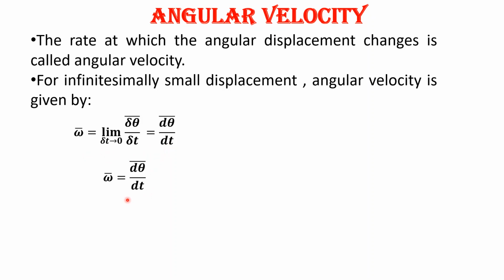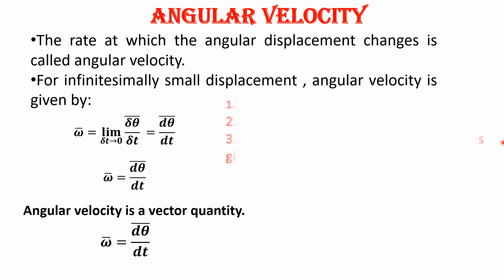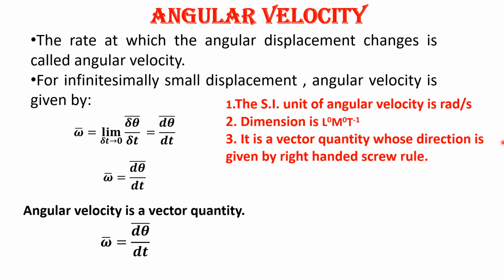So this is the formula of angular velocity, that is angular velocity is equal to d theta upon dt. It is a vector quantity. Its SI unit is radian per second. Its dimension is L0 M0 T minus 1, and its direction is also given by the right hand thumb rule.